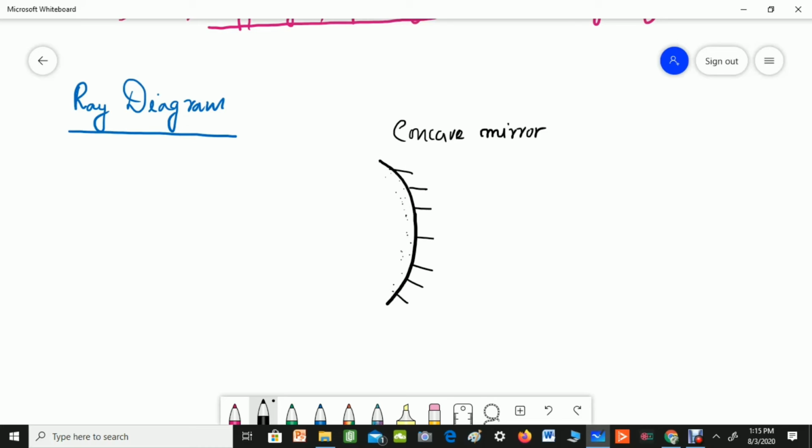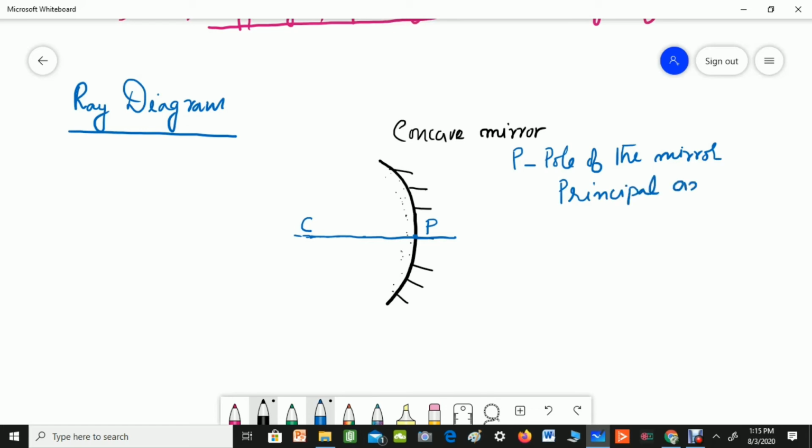The center of the mirror is called P, the pole of the mirror, and you already know we can draw an imaginary line from the center of curvature through the pole. This imaginary line is called the principal axis. Now I am going to place the object at an infinite distance.